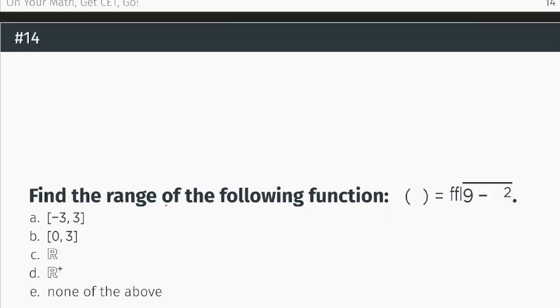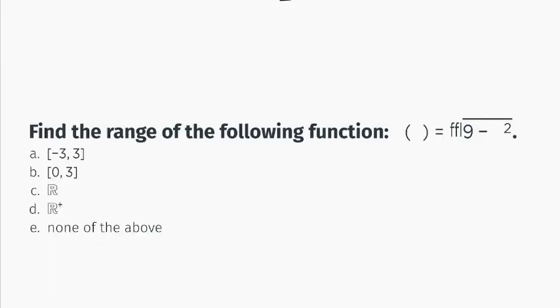Okay, so let's move on. Find the range of the following function. So let's move on to number 14. So we have f(x) equals the square root of 9 minus x squared. And we're tasked to find the range of the following function. So first, we find the domain of this function.